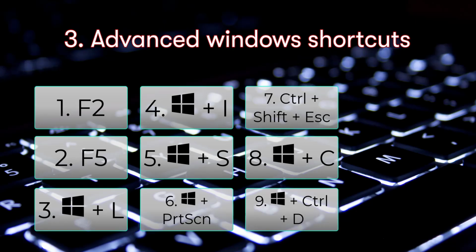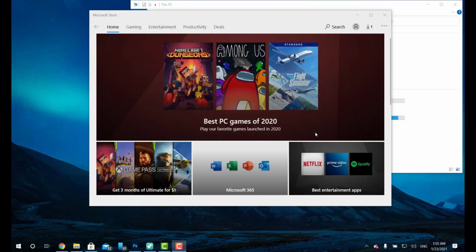9. Windows Ctrl D. I think this is one of the best shortcuts. You can add a virtual desktop and it can give you extra workspace. So let's see how it works. Okay, here I have multiple running windows like Photoshop, Store, File Explorer, Google Chrome, and some other applications.